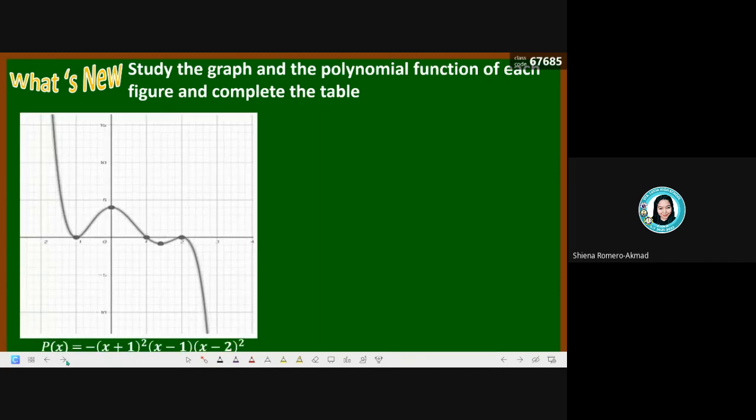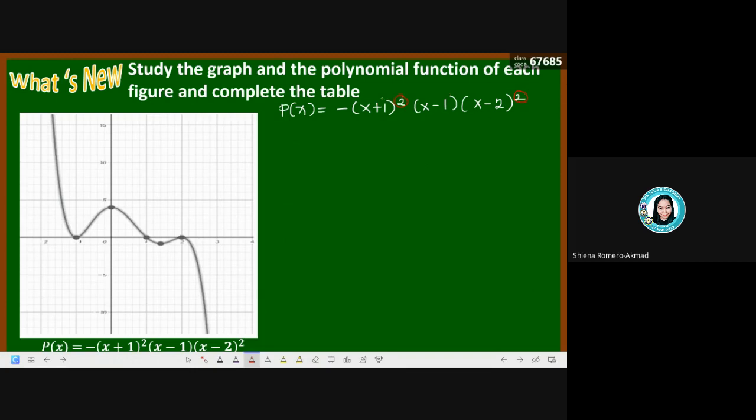So, I have here P of X equals negative X plus 1 squared, X minus 1, X minus 2 squared. So, bago tayo tumuloy doon, pansinin ninyo na meron tayo ditong exponent.